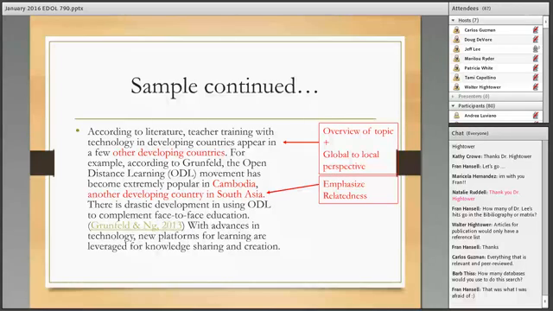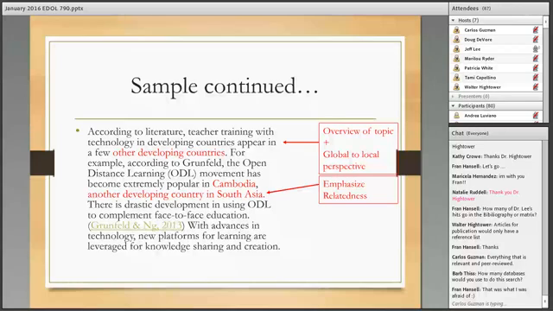So when I talk about other developing countries, this is that connection to that global versus local perspective, right? So if I drill down to the local, nothing's been done in Nepal. However, if I back up a little bit and talk about the global, now certain research studies are beginning to emerge.